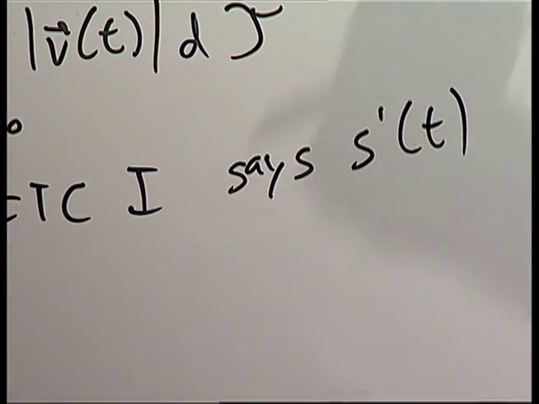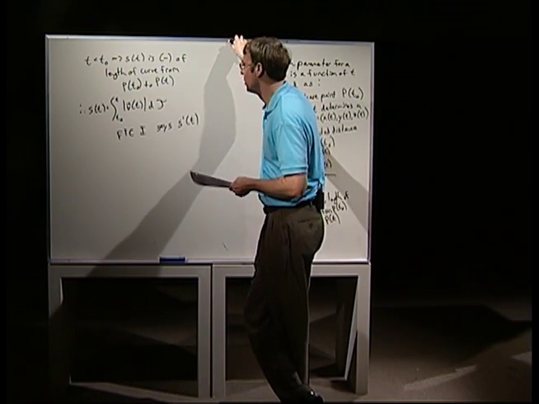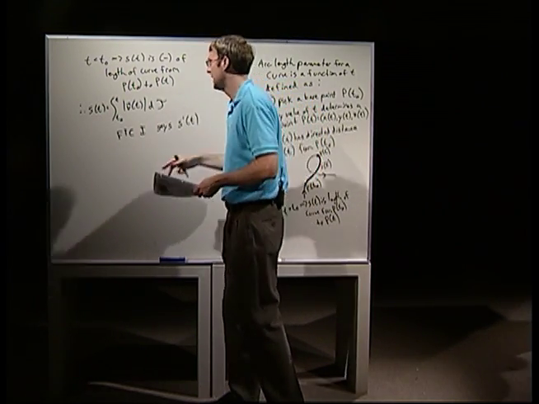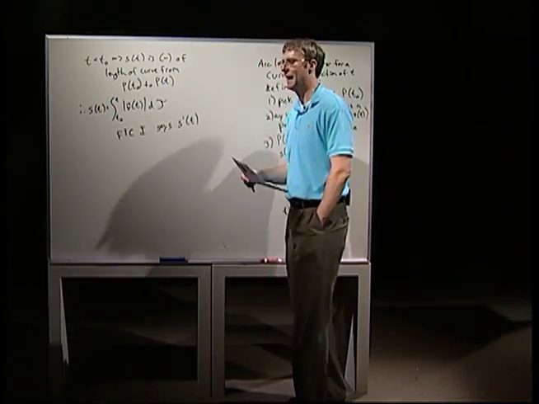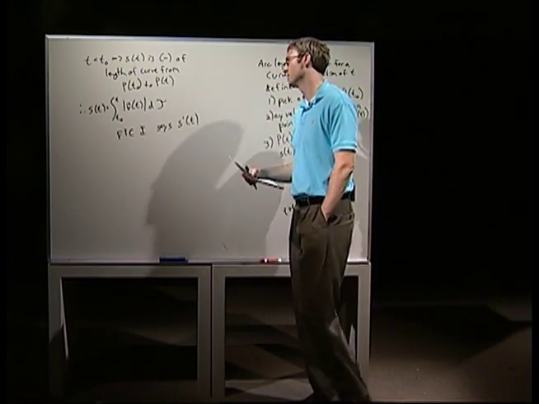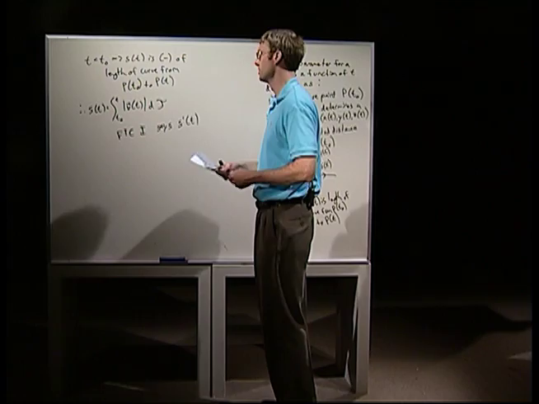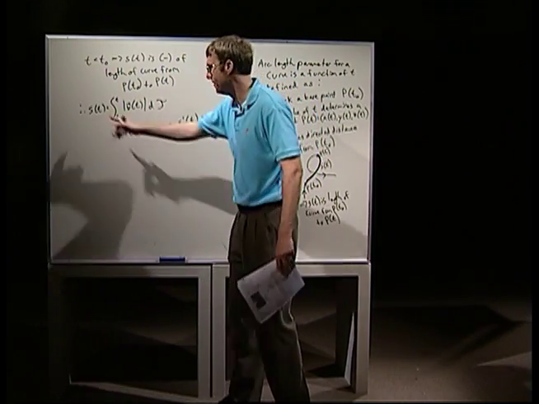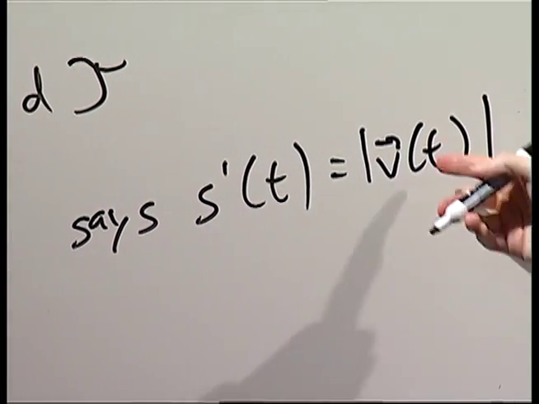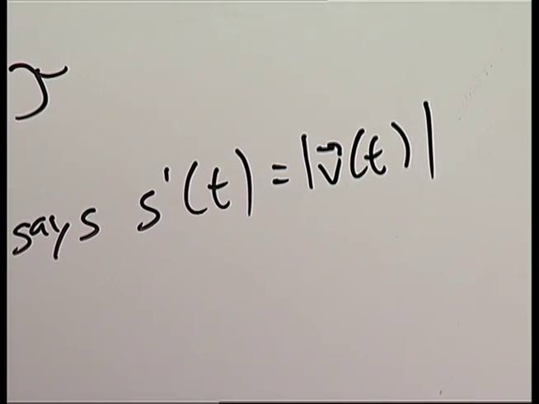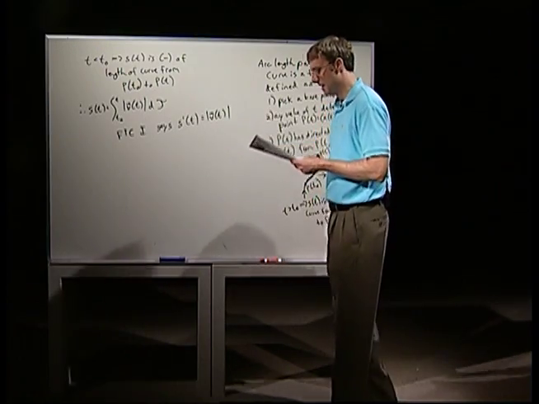I'm thinking FTC2. FTC1 says if you differentiate the integral, you are back to the original function. So the derivative here is just the function being integrated, which is v of t. S prime equals v of t.